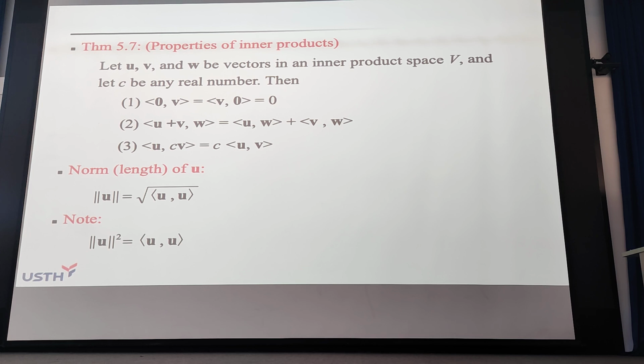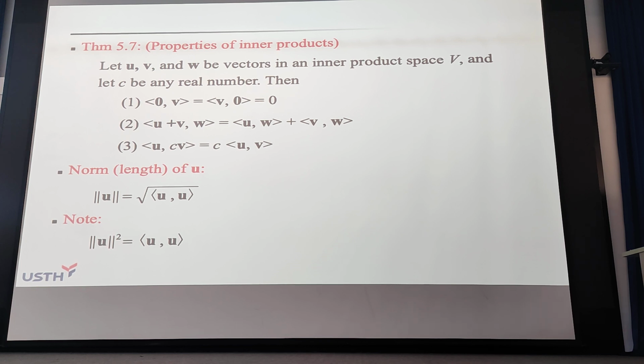The properties of the inner product are like that one, so I give it to you to read by yourself. Whenever we define an inner product, we can define the length of a vector U, and the remark from here: if you take the square of both sides, you get the square of the length to be that one.